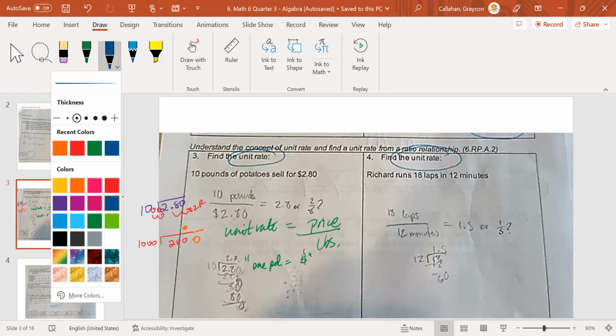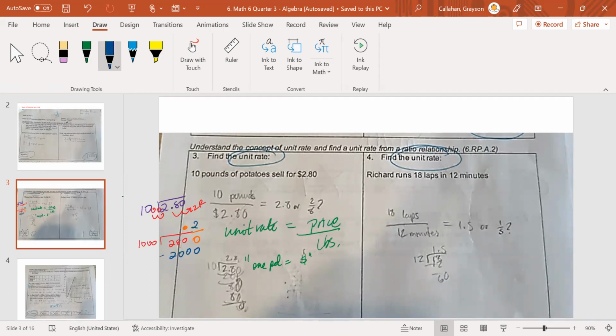1,000 times 2 is 2,000. When you subtract it, you get 800, right? Then you put another 0 down. 1,000 times 8 is 8,000. So when you subtract it, you get a 0 for a remainder.